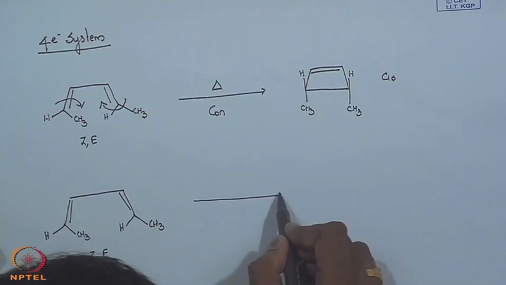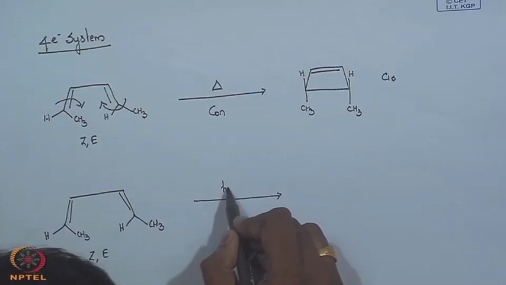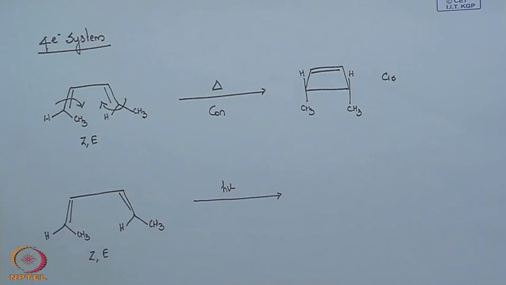Now, instead of heating, I am going to shine light on this compound, that means I am going to photolyze it. Now, what happens under photolysis? What does your Woodward-Hoffmann rule say? If it is a 4n system, on photolysis which is allowed? Yes, disrotatory.